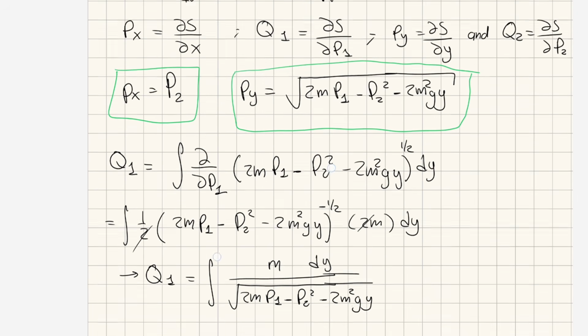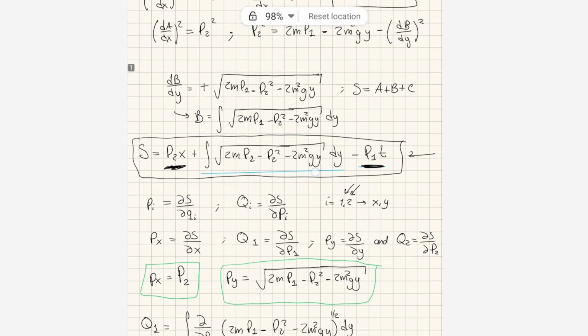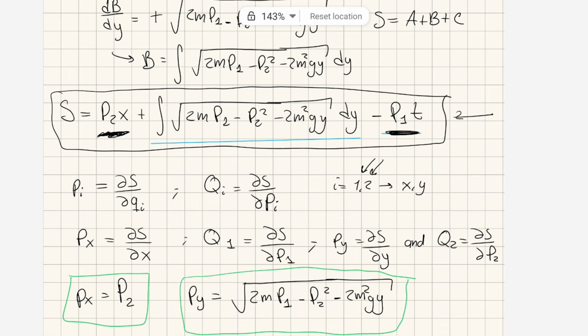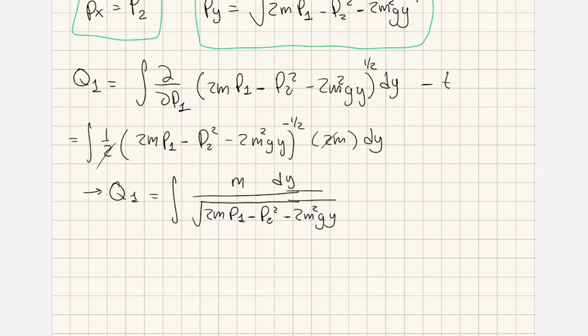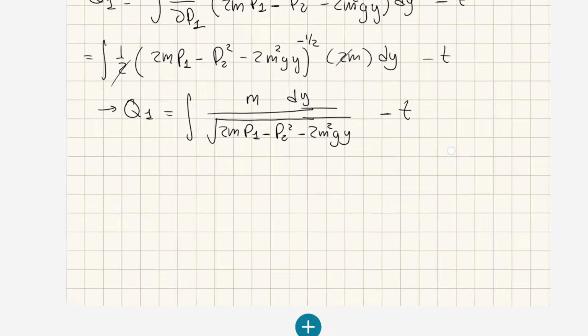Okay, and look here that the function s that we found has a p1 here and a p1 here. So we still need to take the partial derivative with respect to p1 of this, which is just going to be a t. Well, a minus t, actually. So that means that we need to add a minus t here, a minus t here, and a minus t over here.